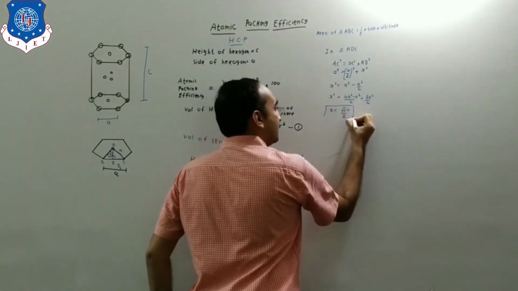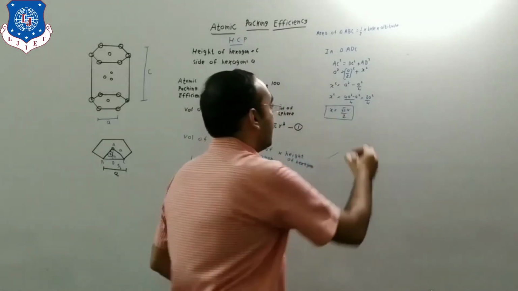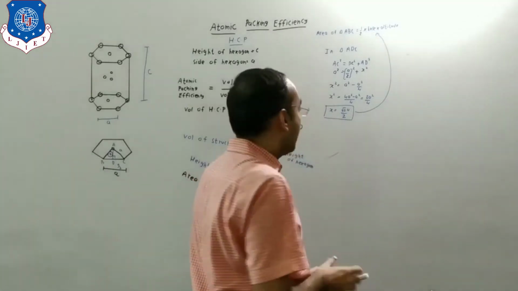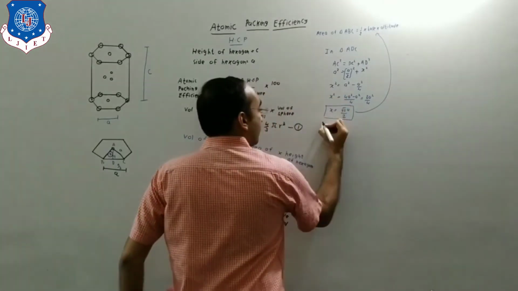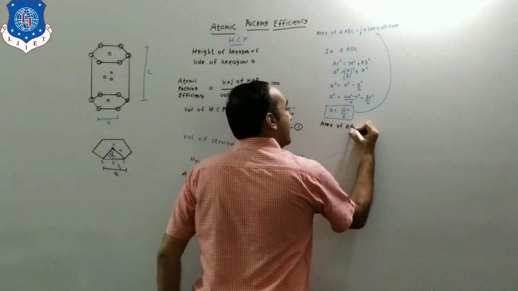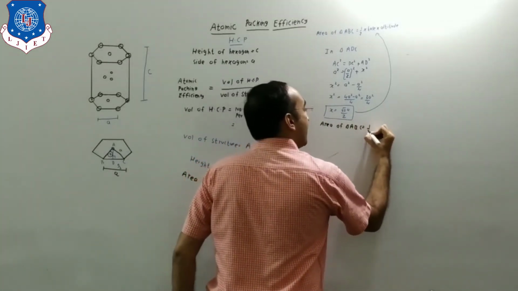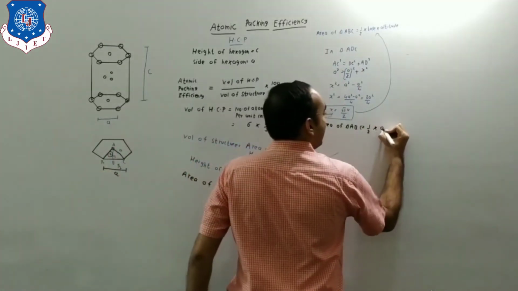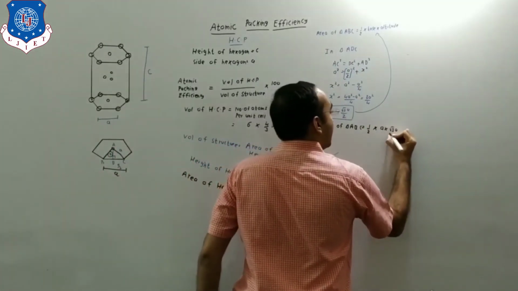That is, this thing we will be putting in this equation. We will be putting x, altitude. So, area of triangle ABC is equal to half into base. What is the base? That is A. Half into A into root 3A by 2.